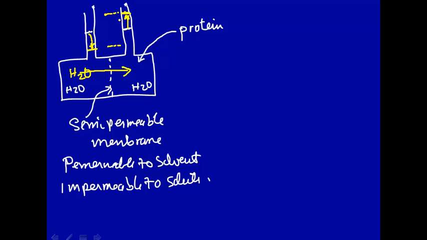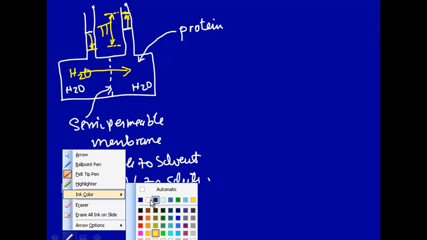And what happens, qualitatively, is that this extra pressure due to this water column cancels out the difference in chemical potential. So the chemical potential makes water go this way, but now this hydrostatic pressure is making the water flow the other way, and when it reaches equilibrium, they balance each other out. The height of this water column exerts a pressure, and this is called the osmotic pressure, which is given the symbol pi.